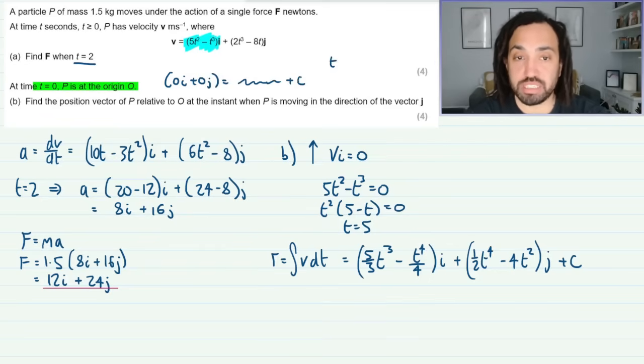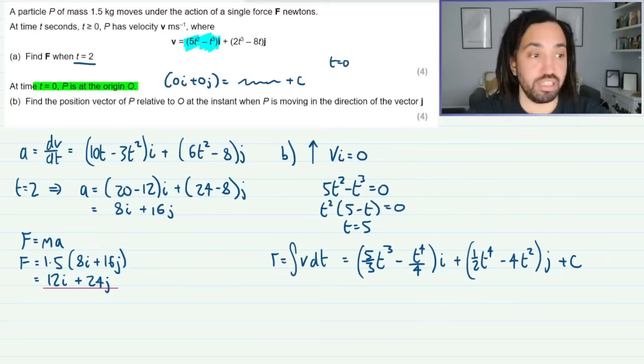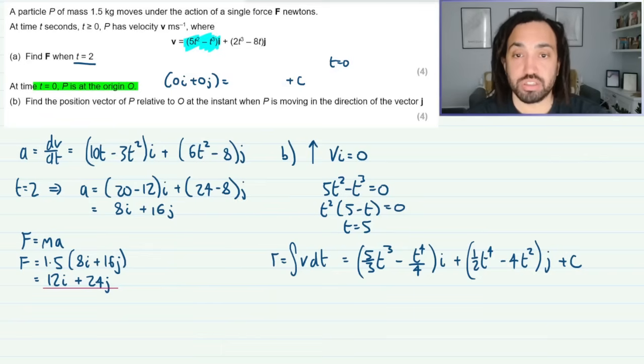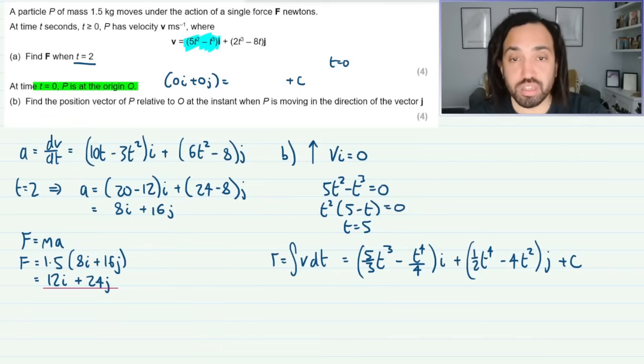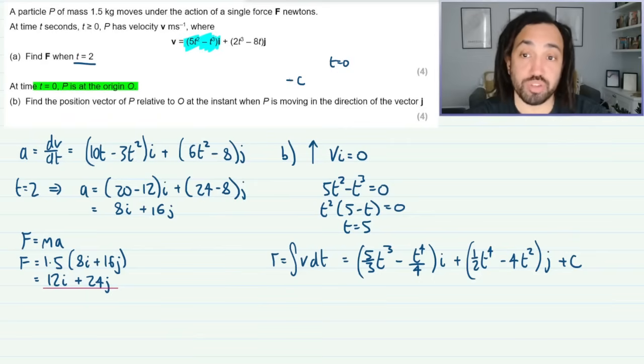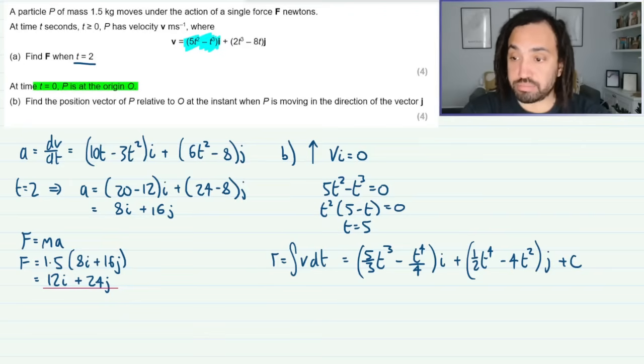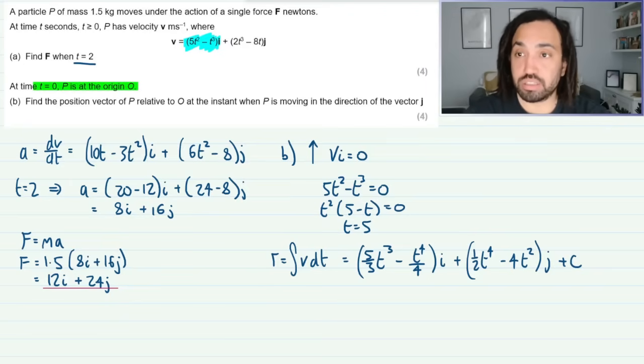And when we sub in t equals 0, you can see here they've all got t values in, so that just goes to 0, so it just means that 0 is equal to c. So because it goes through the origin at t equals 0, it means there's no c constant. Okay, great, so we can just cross that off.